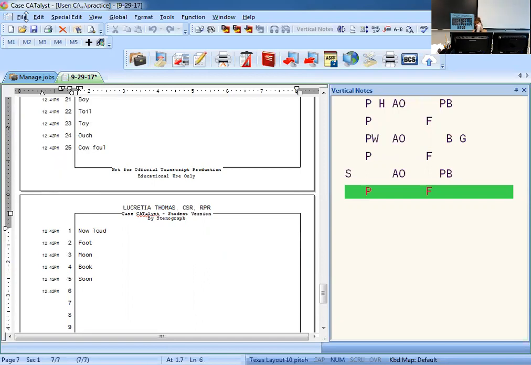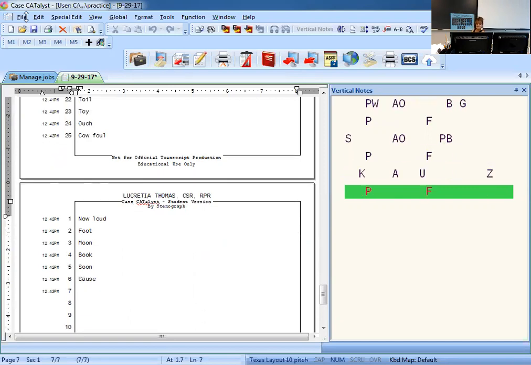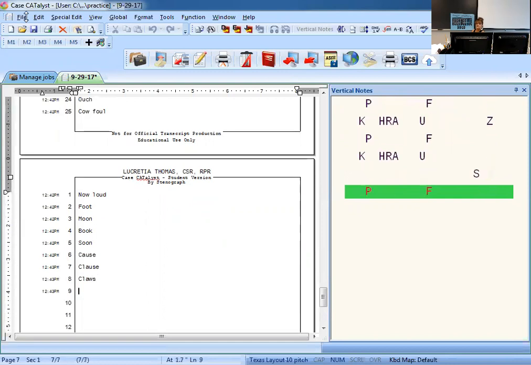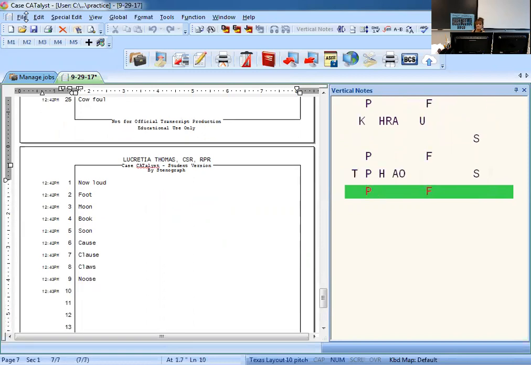So that's your chart, and then I'm going to dictate. There are some words here. Cause has the Z sound, K-A-U-Z, cause. Clause, K-L-A-U-Z. So how about if I was saying the claws on the animal's claw, come back S. Okay, just so you know how to write that. Noose, there's an O-O in noose, so N-A-O-S.